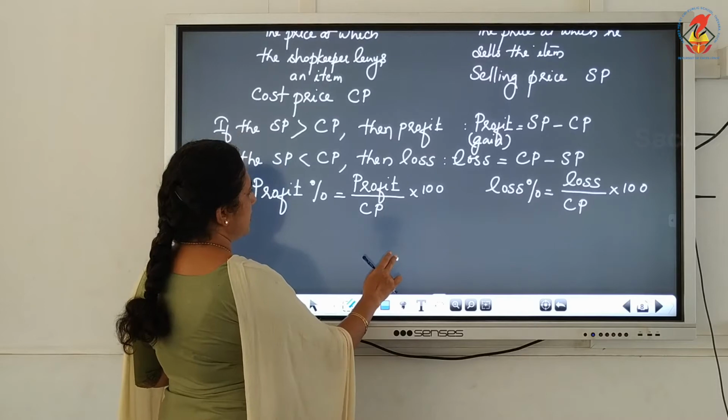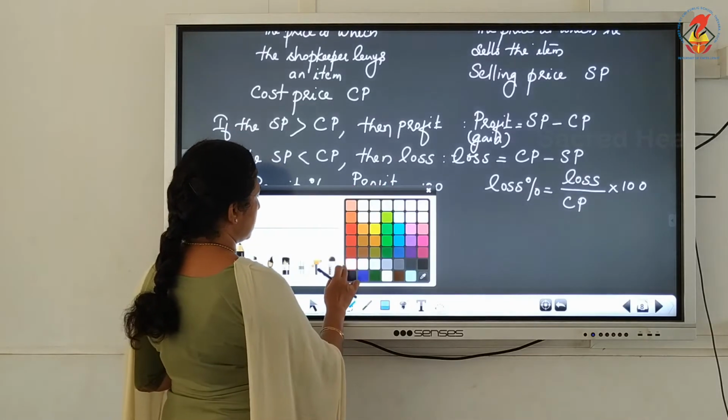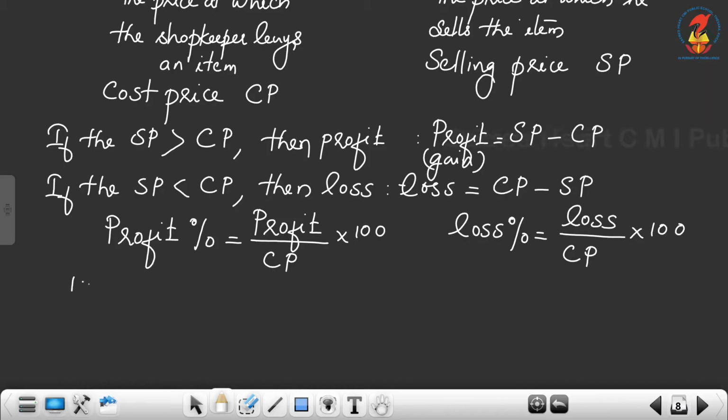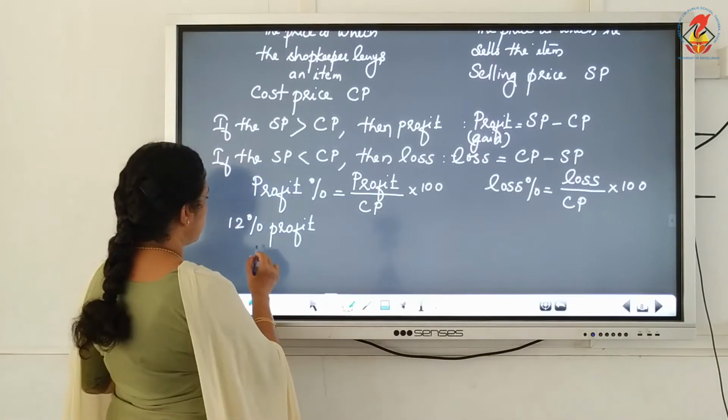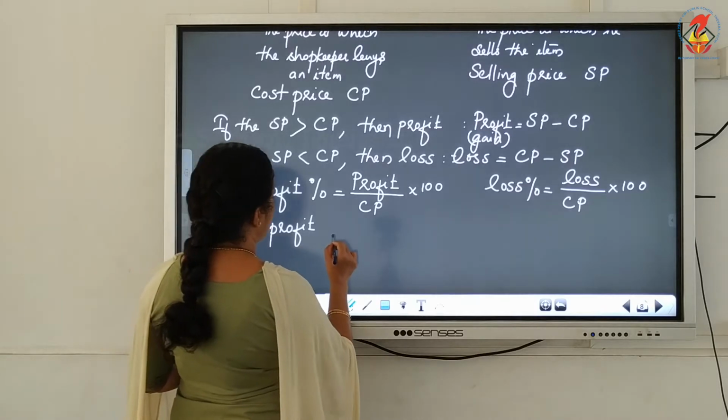Now if the profit is 12%, what is the meaning of that? 12% profit means for a cost price of rupees 100, the profit is rupees 12.